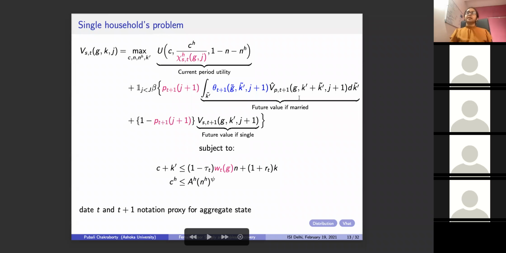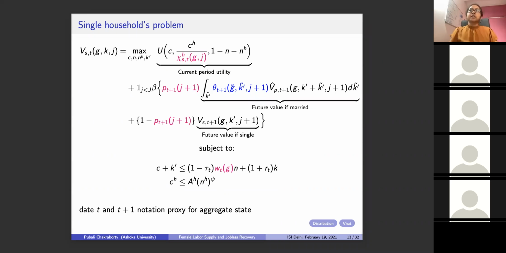I'm taking into consideration K prime plus K prime tilde, right? If I am matched with someone, in that case, in my budget constraint, don't you think that K prime should also appear somewhere? No. K prime tilde. So the matching happens in the next period, not today.